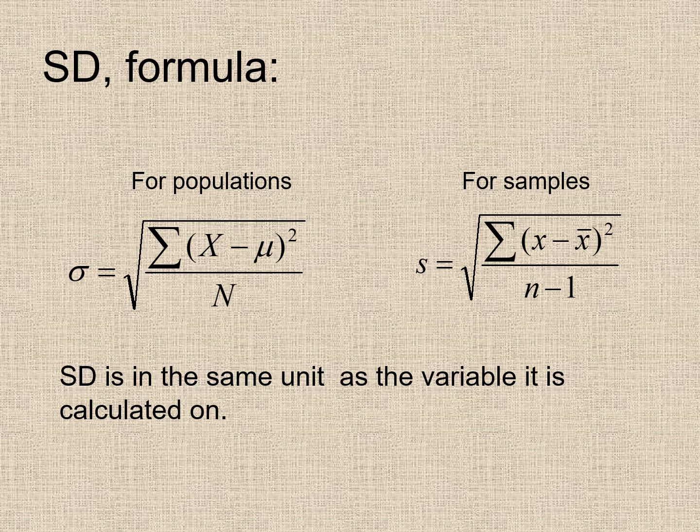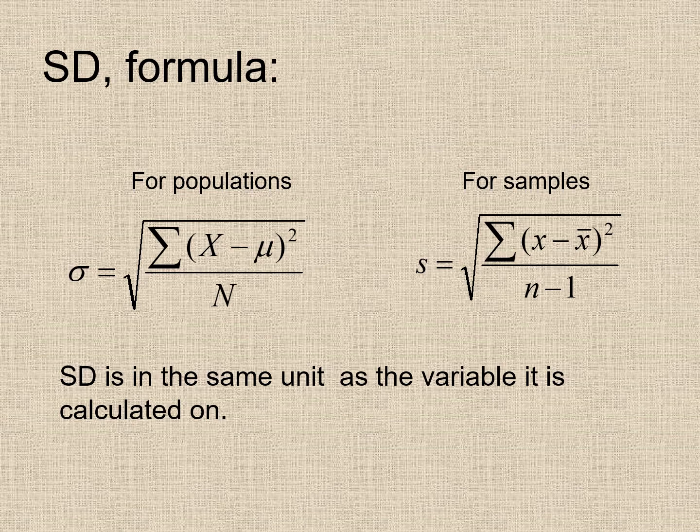Okay. The standard deviation is in the same unit as the variable it is calculated on. So if, for instance, in a group of individuals we have an average height of 180 centimeters with a standard deviation of 10, then that standard deviation would be 10 centimeters.